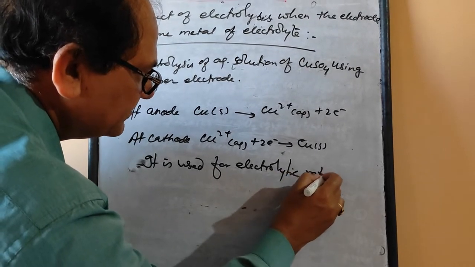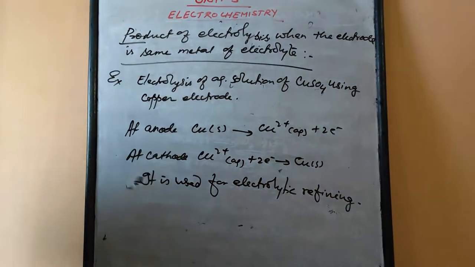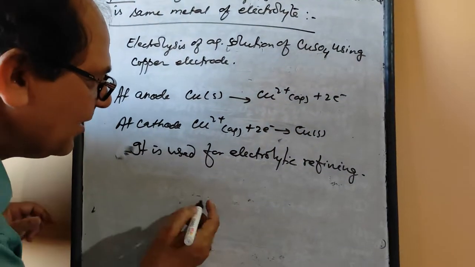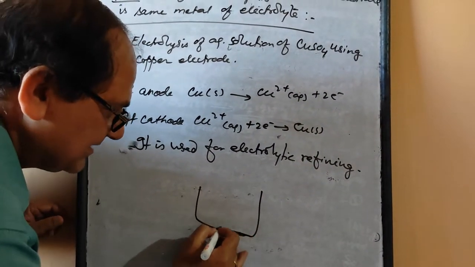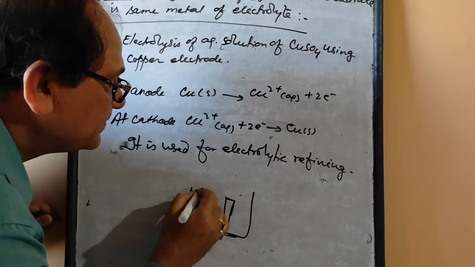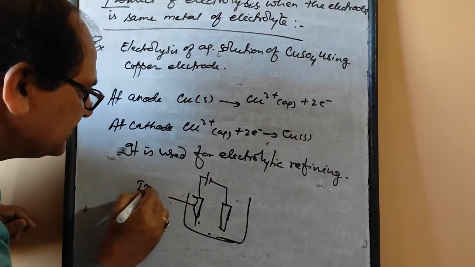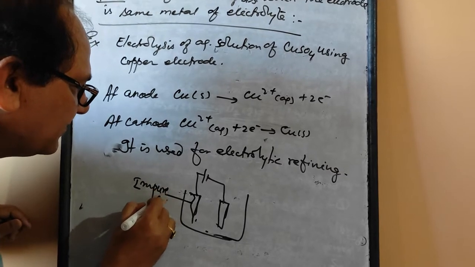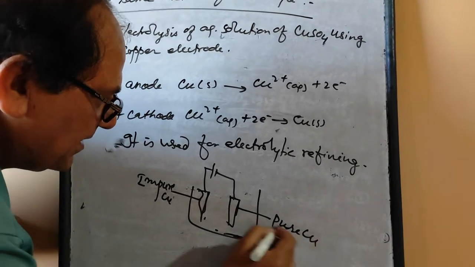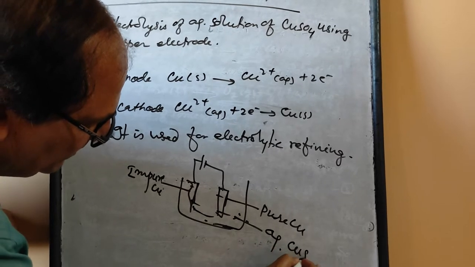Already in class 10 you have read how copper is refined. We took impure copper and pure copper, with aqueous CuSO4 as the electrolyte.